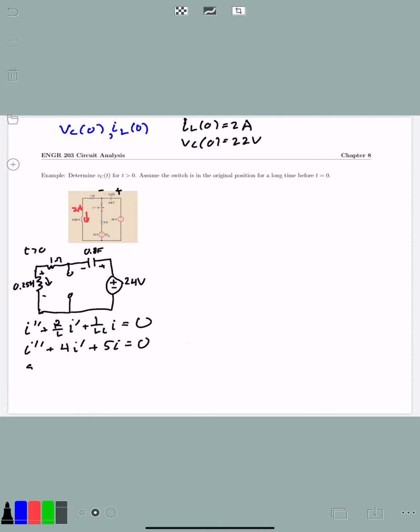So then my characteristic equation is s squared plus 4s plus 5 equals 0. Quadratic formula of this, and you're going to get negative 2 plus or minus j. And so that means my solution here is going to be I of t is a1 e to the negative 2t cosine t plus a2 e to the negative 2t sine of t.